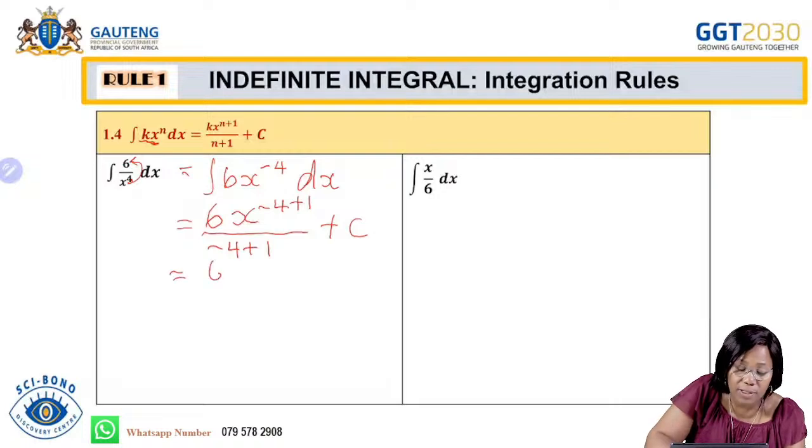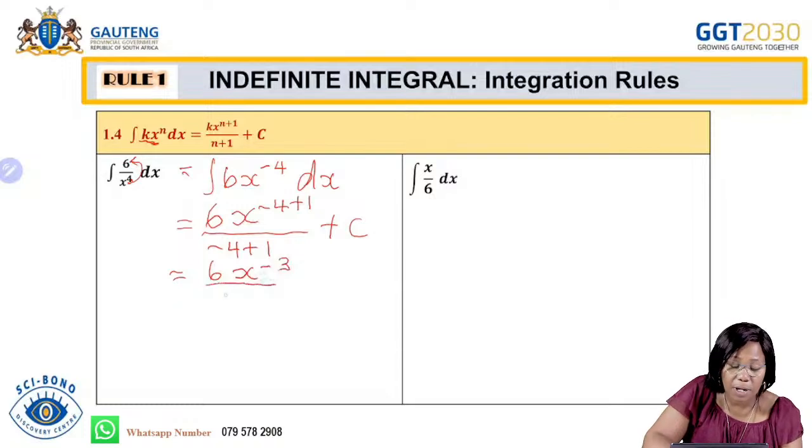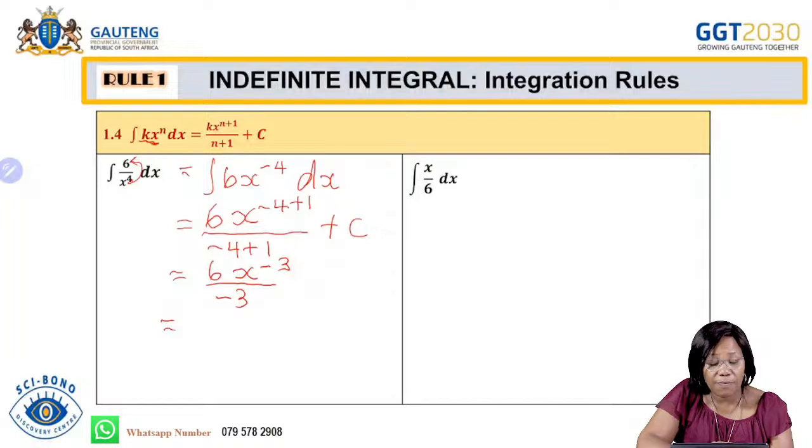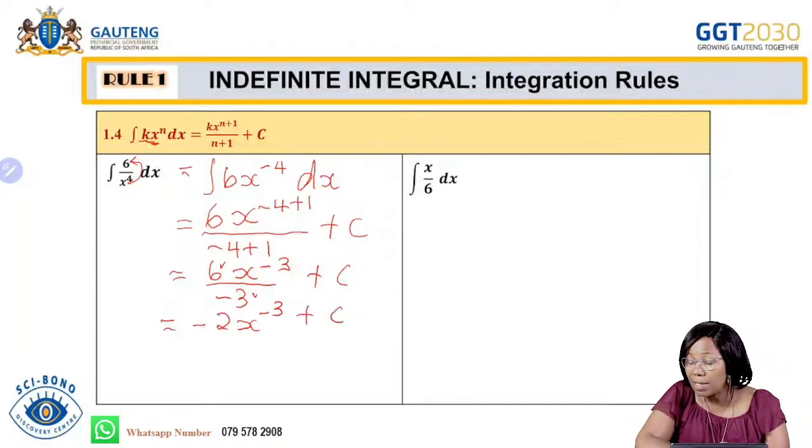Let's simplify now, grade 12. We are having 6x to the power minus 3, over minus 4 plus 1, which is a minus 3. We'll continue simplifying. A minus 3 into 6 is a minus 2x to the power minus 3. Remember, there's a plus c, grade 12. You must also bring that plus c as you continue writing your answer.